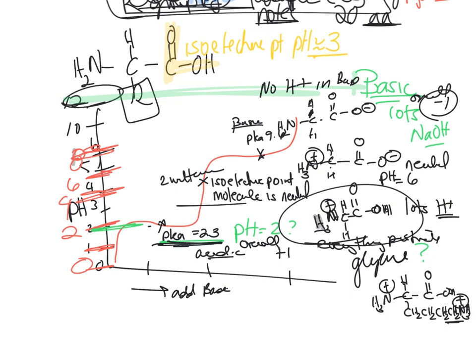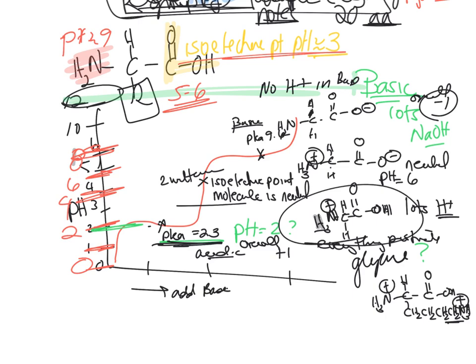And for the basic amino acids, the isoelectric point is about pH 9. Neutral amino acids are slightly higher, about 5 or 6. Actually, it's not really about this.